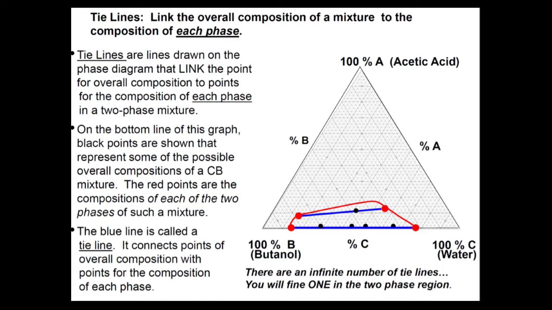All we need to do is go up to that percent A and see where that intersects the two-phase region boundary, and that's where we put the point. And we do the same thing for the other layer. We find that percentage, go up from the bottom to that percent of acetic acid, see where it hits the boundary, and that's what we put on our phase diagram and connect it.